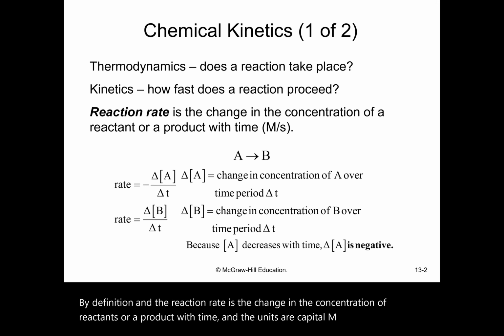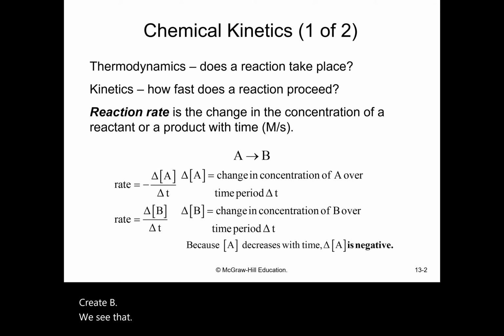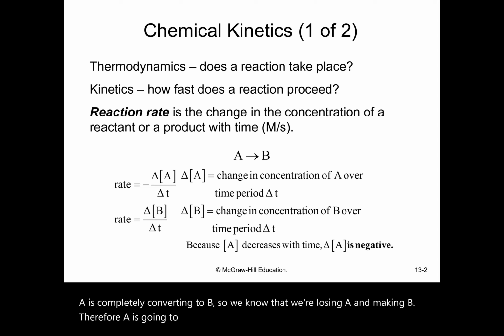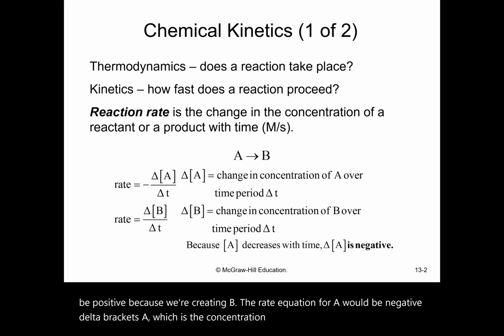So we have a reaction here, A going to create B. We see that A is completely converting to B, so we know that we're losing A and making B. Therefore, A is going to have a negative sign in front of it, whereas B is going to be positive because we're creating B. The rate equation for A would be negative delta brackets A, which is the concentration, over delta T, which is change in time.